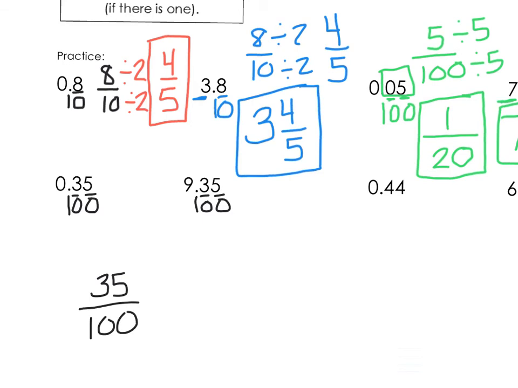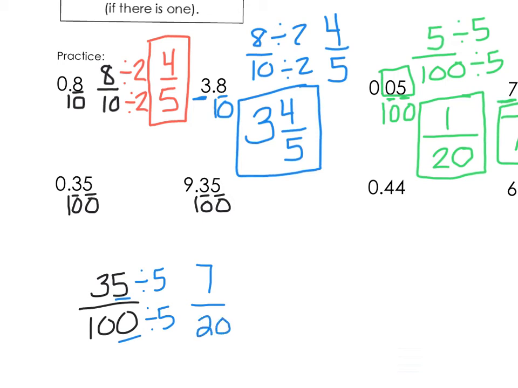And I'm going to do my simplifying. If a number ends in a 5 and a 0, which both numbers do, then that means I can divide by 5. So 35 divided by 5 is 7, and 100 divided by 5 is 20.